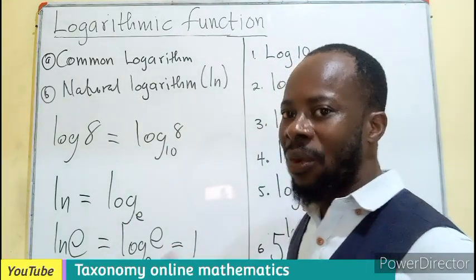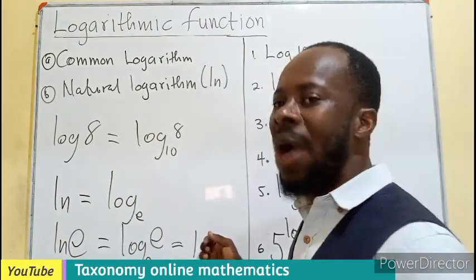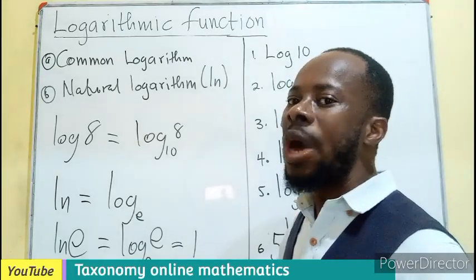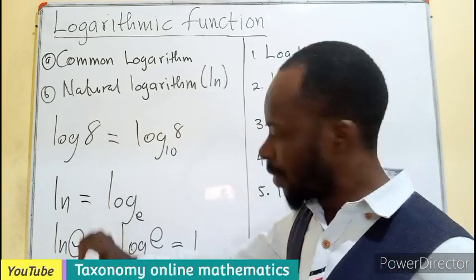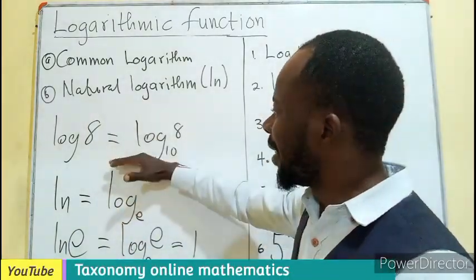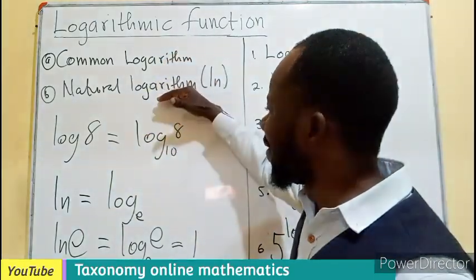That is why in some calculations you see ln e being equal to 1. So whenever you are calculating and you try to put in a value of 1, you can still introduce ln e.